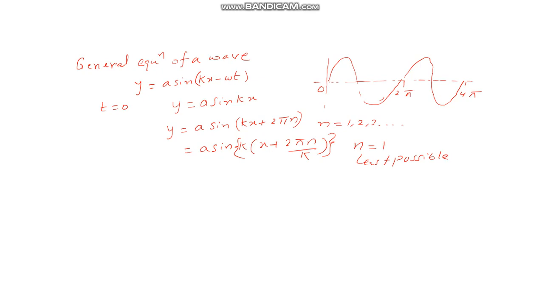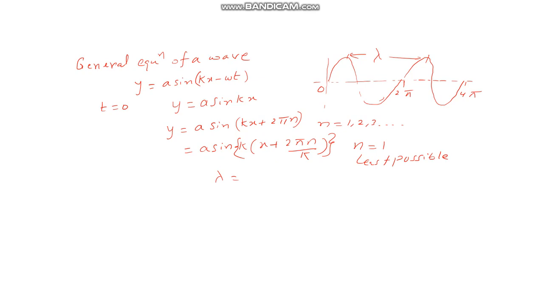And we have studied that the distance between 2 points which are in the same phase, like this point and this point, you have to take the consecutive distance. That is your wavelength.